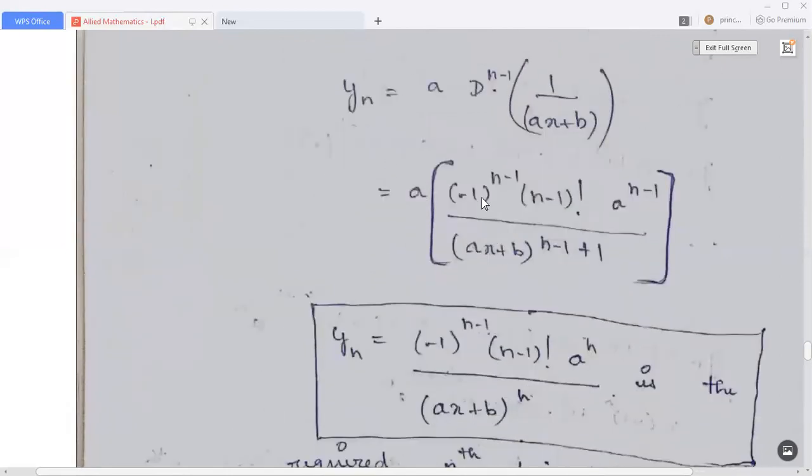This is equal to, the formula is (-1)^(n-1). Instead of n, we write n minus 1. So here we write (n-1) factorial.